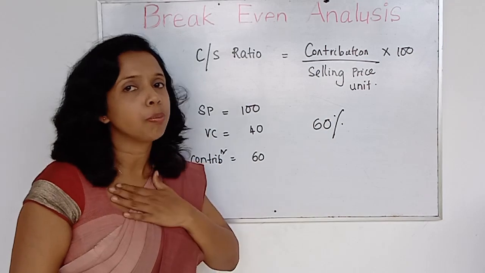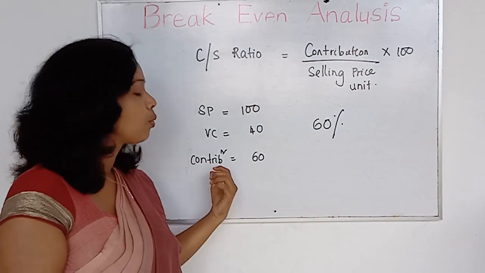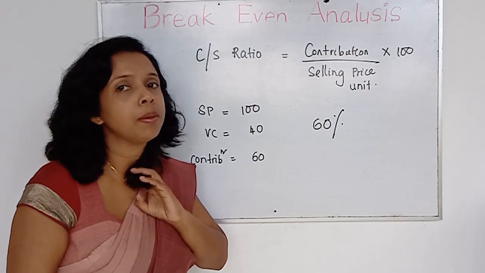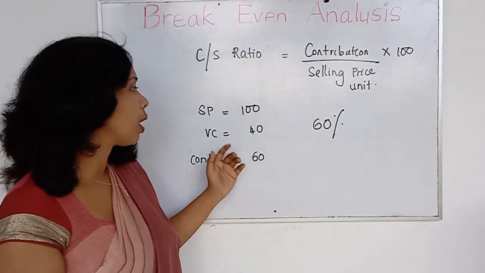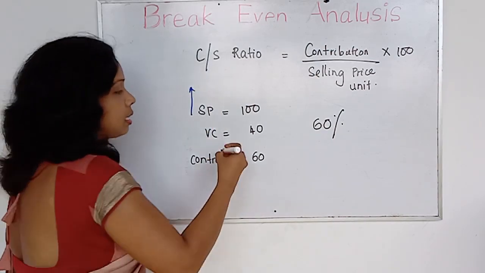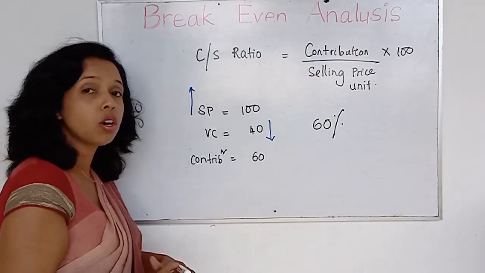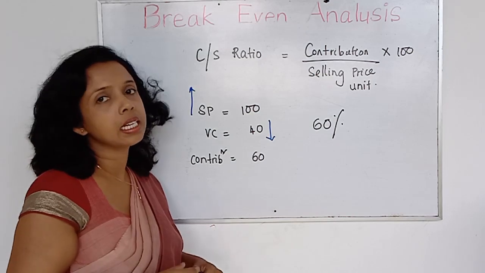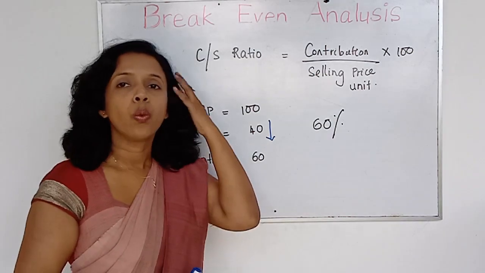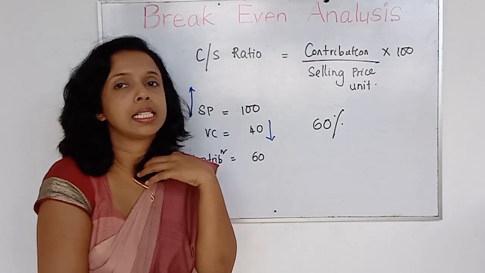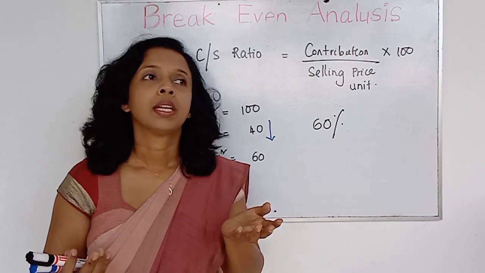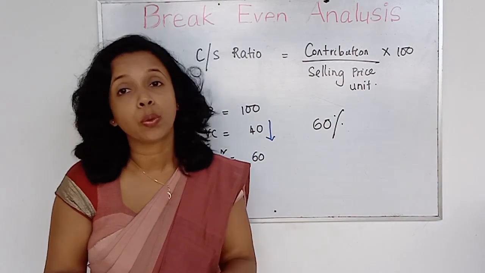Why is it important for me? Let's say I want to increase my contribution as much as possible. For that, what should I do? I want to either increase the selling price or else decrease the variable cost, right? How can I increase my selling price and what are the repercussions I can have in my business when I increase my selling price? Let's say earlier my selling price was 120, right?